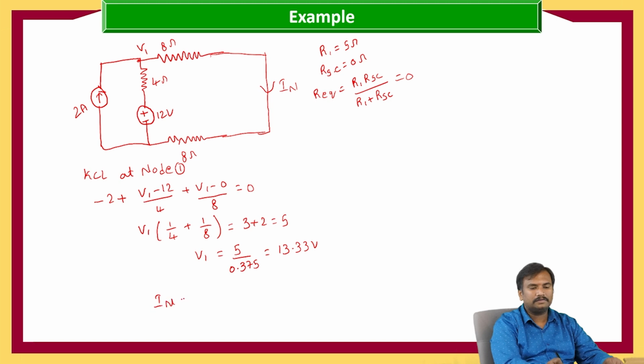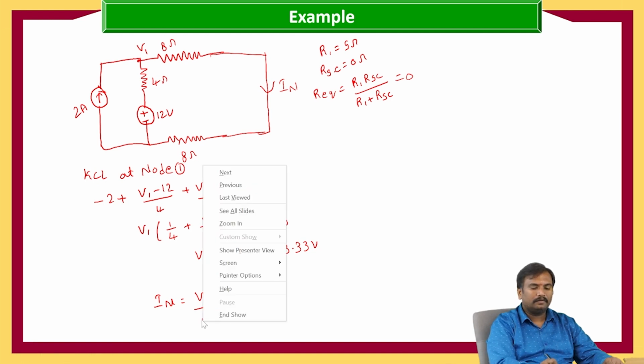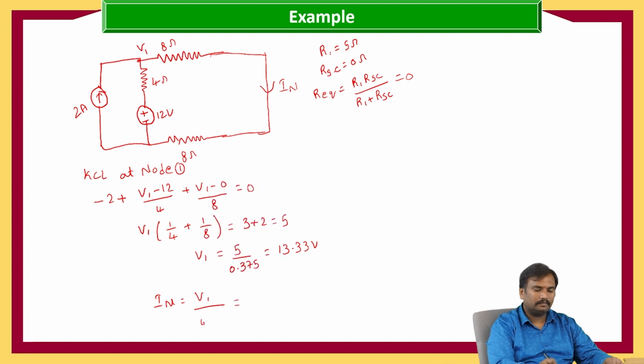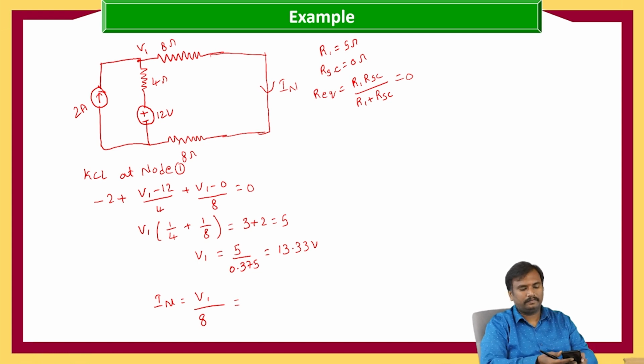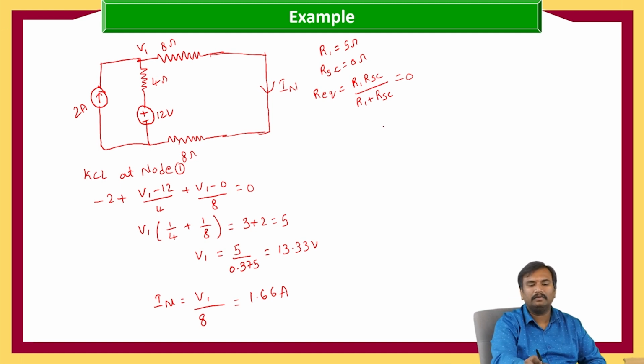So IN is equal to V1 by 8, which is equal to 1.66 amperes. So we got IN value and RN value.